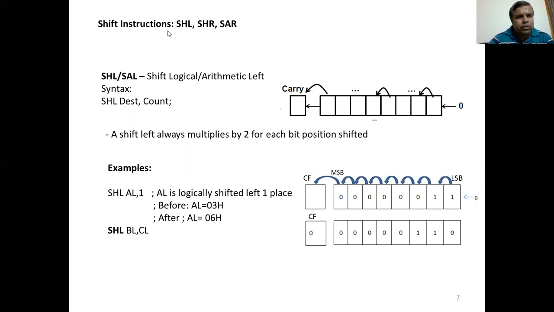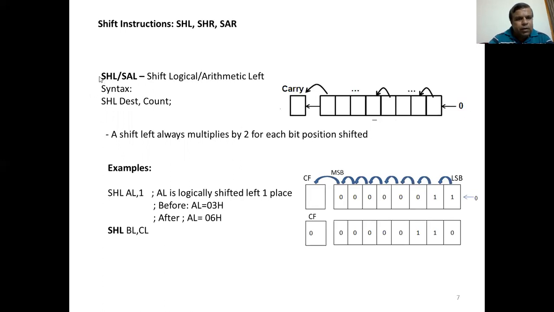Shift instructions move the number within a register or a memory location to the left or right, and they also perform arithmetic such as multiplication by a power of 2, that is 2 to the power of n, or division by a power of 2, 2 to the power of minus n, on a right shift. These shift instructions include SHL, SAR, and SHR.